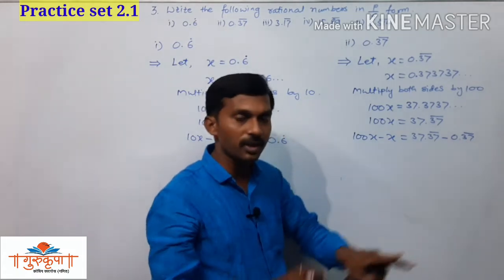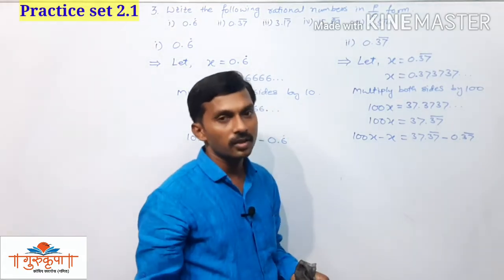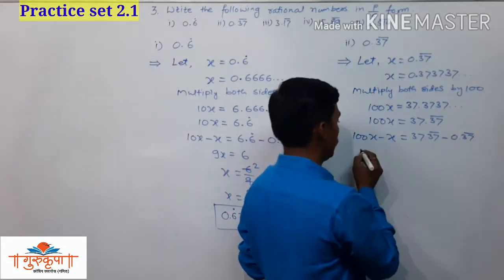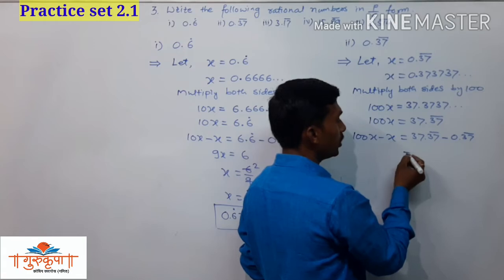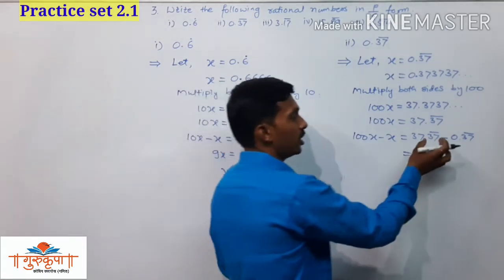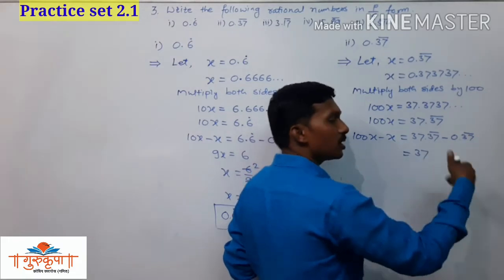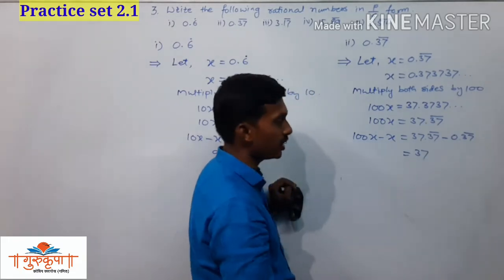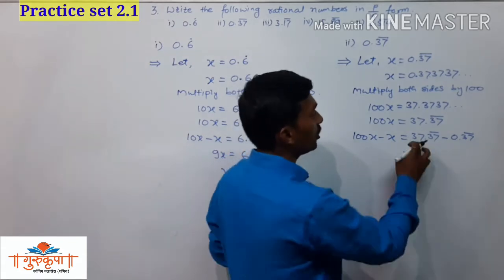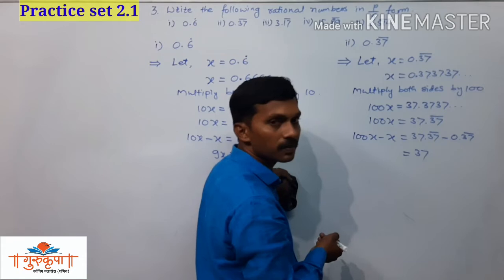After the decimal sign we have 0, so no need to write it there. Just 37 minus 0, that is 37 only. Since recurring 37 minus recurring 37 gives 0 after the decimal sign, we didn't put the decimal sign there. And here 37 minus 0 is 37.